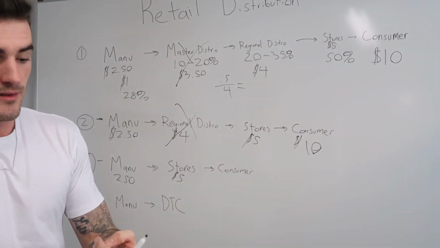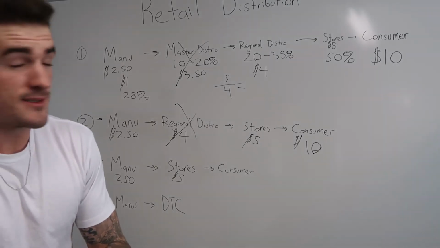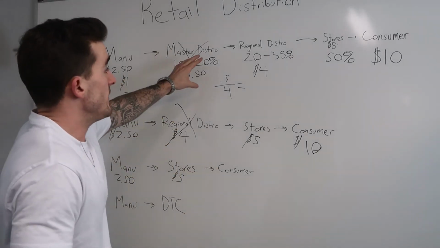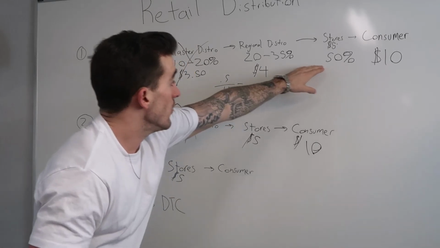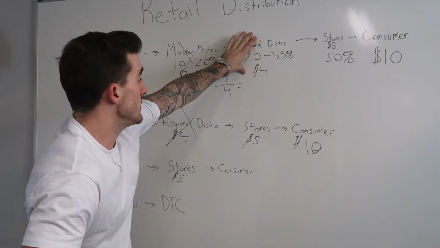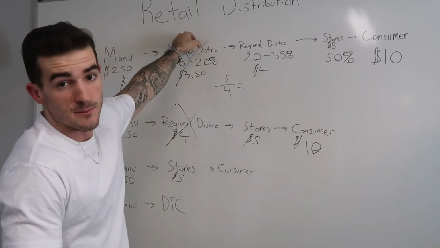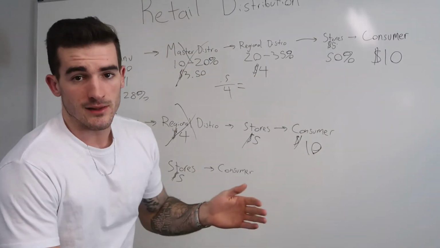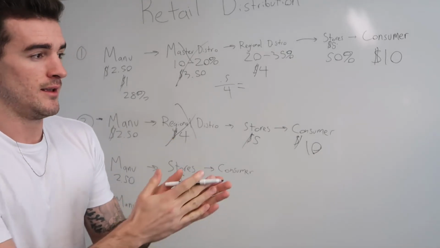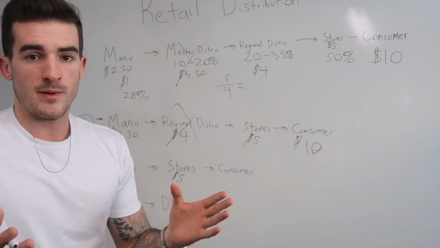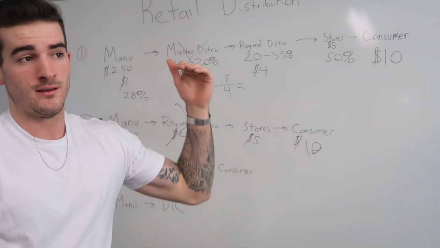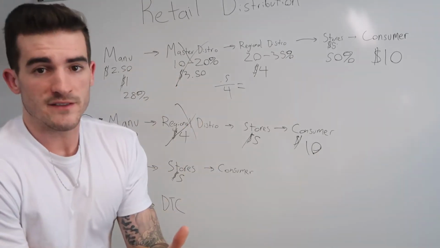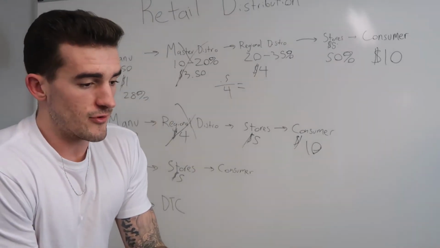You make more money, you're able to offer lower prices because you're not having to give up 50% to the store, 20% to the regional distributor, and 15% to the master distributor, but you're gonna most likely sell a lot less.